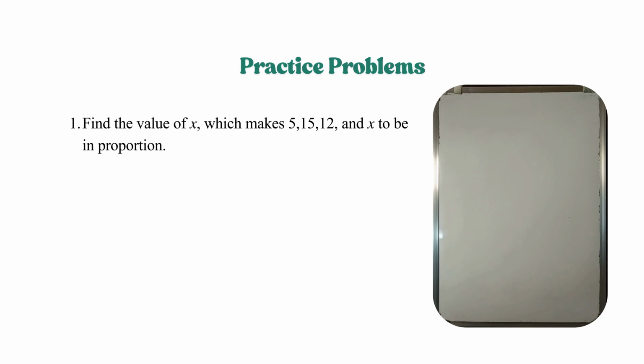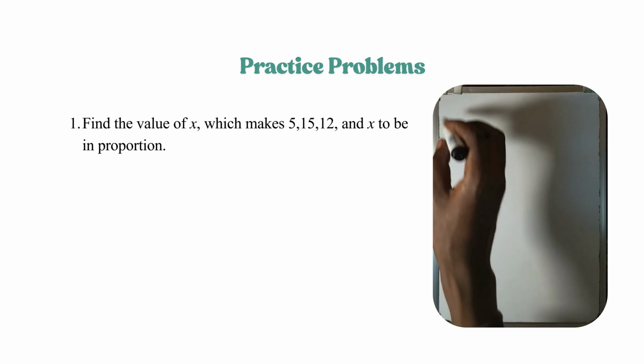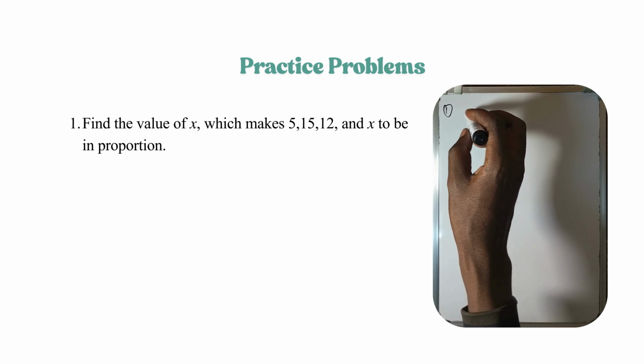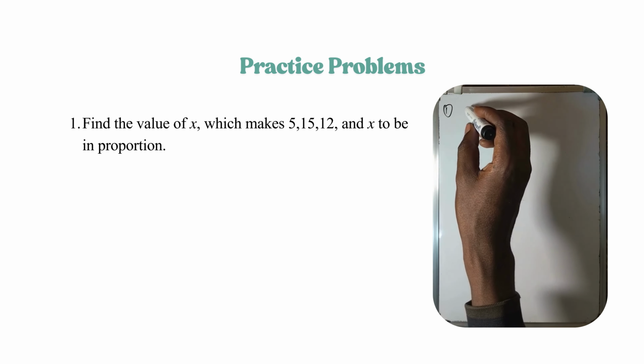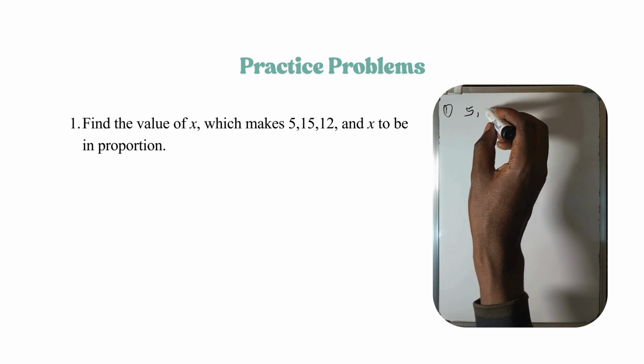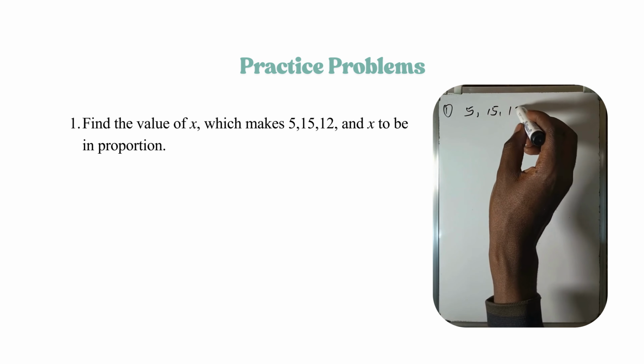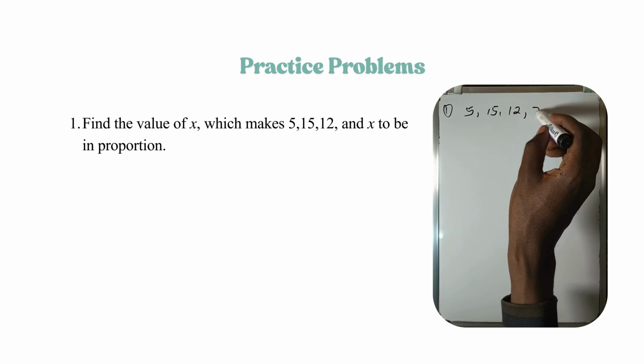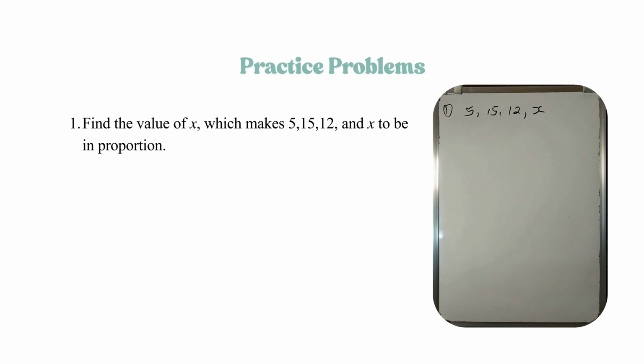So let's look at the first example. If you are asked to find the value of x to make 5, 15, 12, and x be in proportion, this is so easy, you just have to divide and equate them.